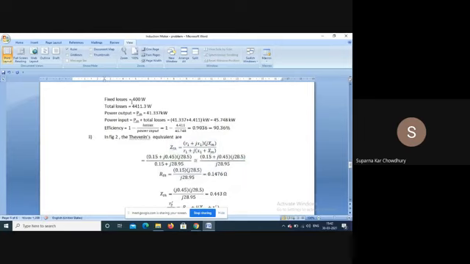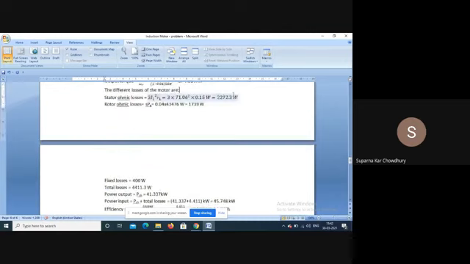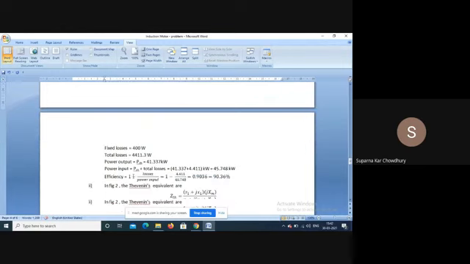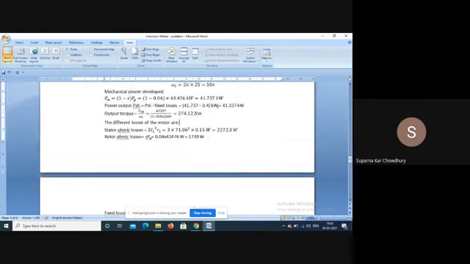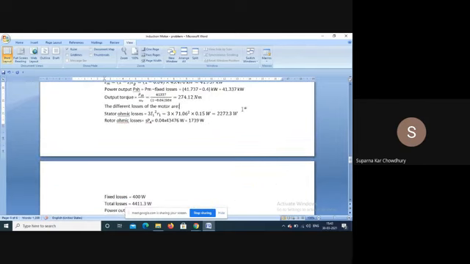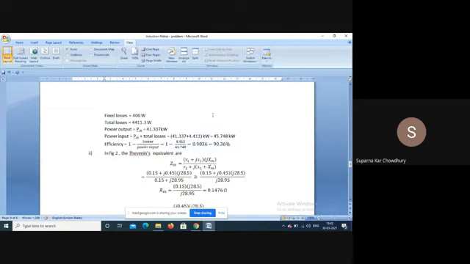Then we have the fixed loss, it is given as 400 watt. So total loss will be the stator ohmic loss plus rotor ohmic loss plus fixed losses. So this is 4411.3 watt. Power output we have calculated as 41.337 kilowatt. So power input should be the power output plus the total losses.